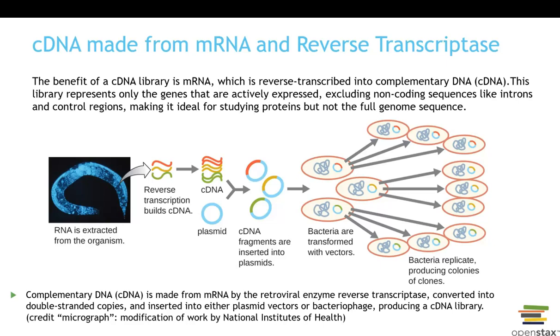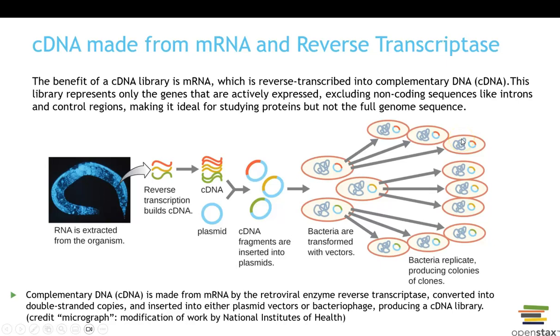So after the reverse transcription, we're gonna have the cDNA, and then they're gonna use restriction enzymes to cut the cDNA and the plasmid, and then they ligate it together and transform it into the bacteria.